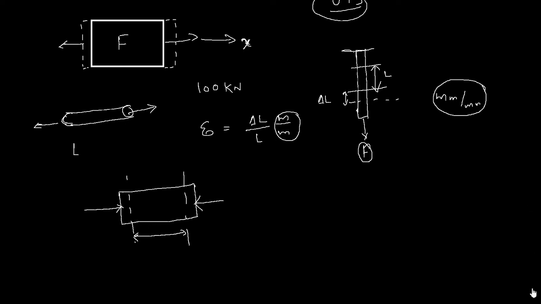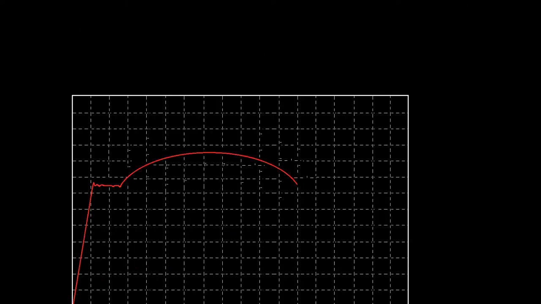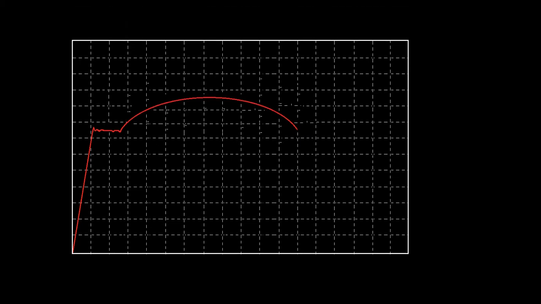To make things easy, we create a diagram to show the stress-strain relation of these materials. We tend to use this stress-strain diagram for every material. Generally, it is defined for all materials, and we can use it for specific materials as and when we have the test data or test results for it.